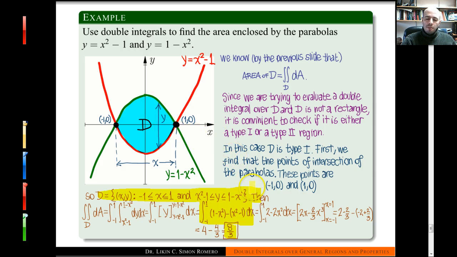One of the things that I would like you to notice is, first of all, this is not something new. You could compute these areas without using double integrals. And the other thing is you can do this in different steps.